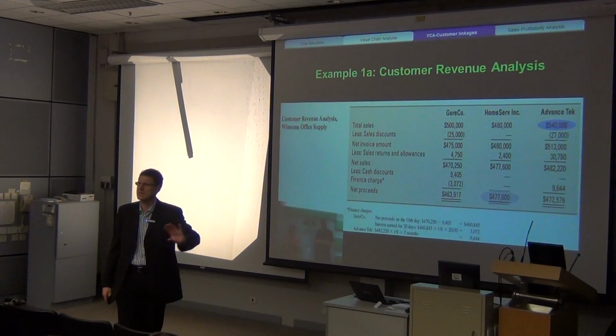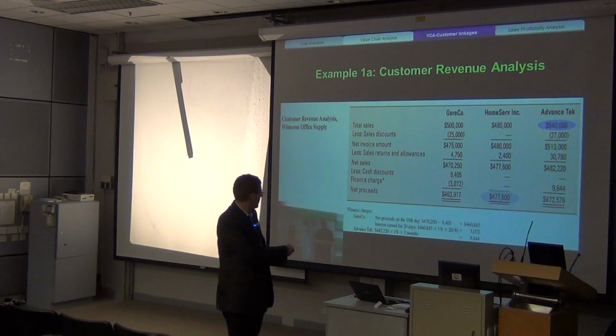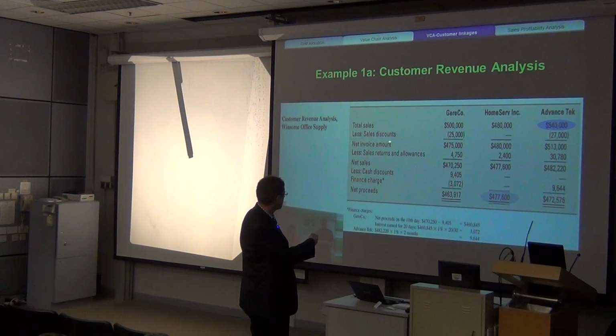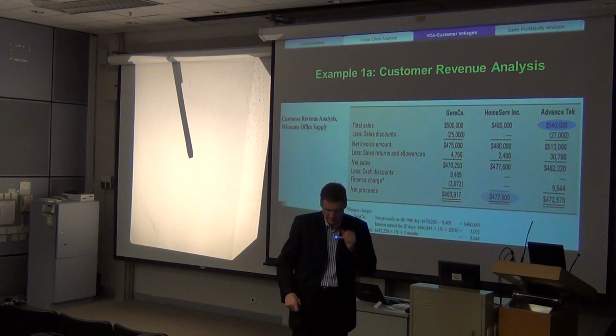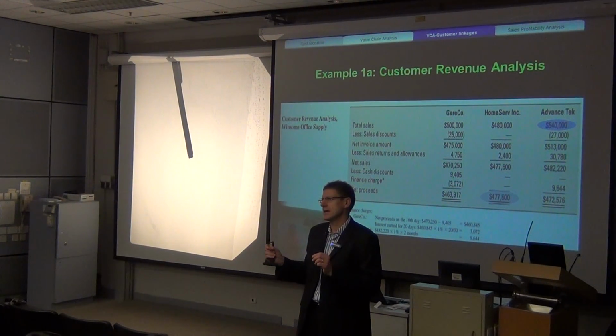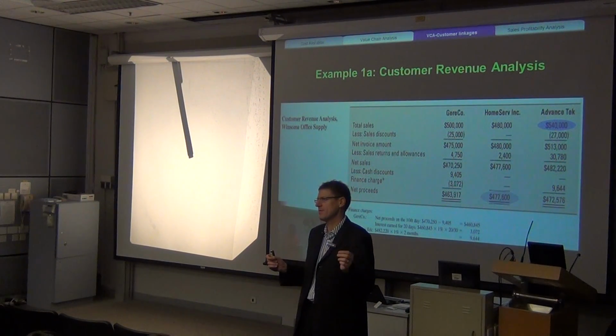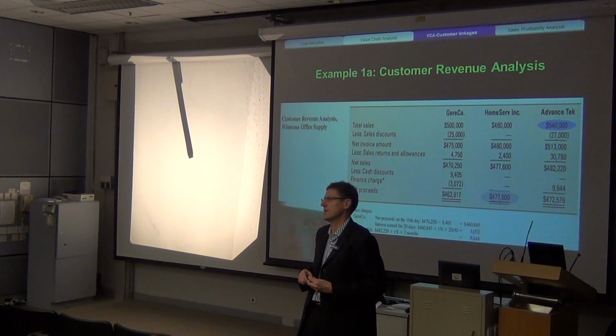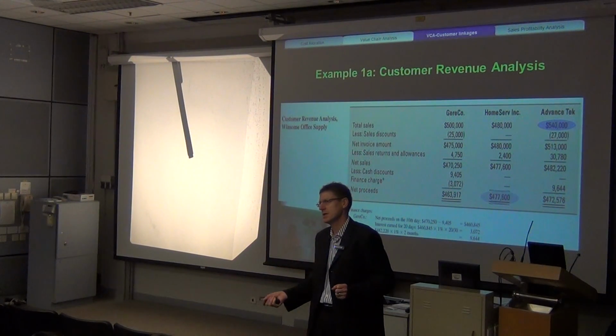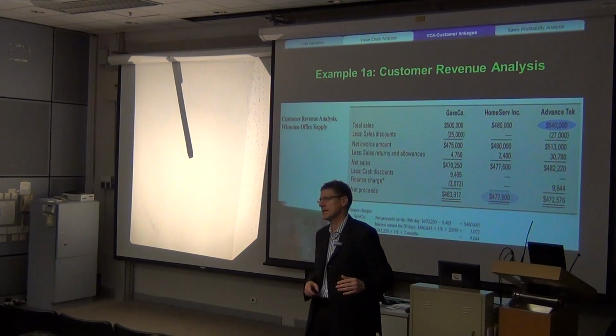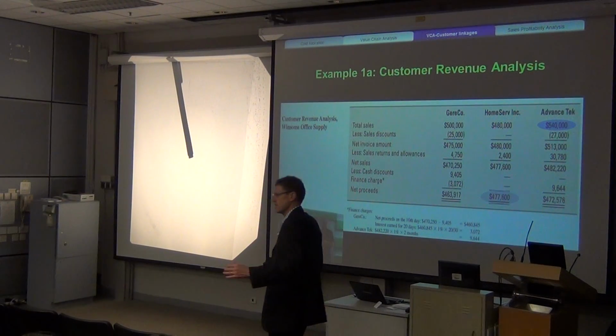That's the sales side. Finance charges, sales discounts, cash discounts are all about getting customers to make a decision to buy from you. That's why we call it the revenue side. It's not a cost; it reduces the potential revenue you get from the customer.